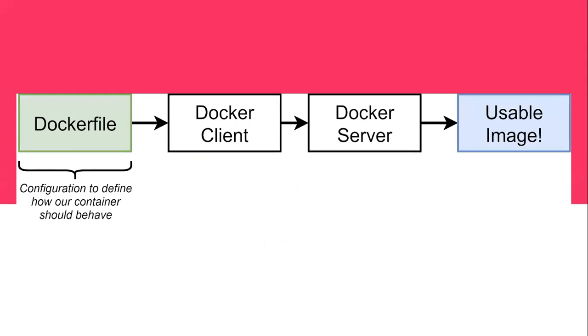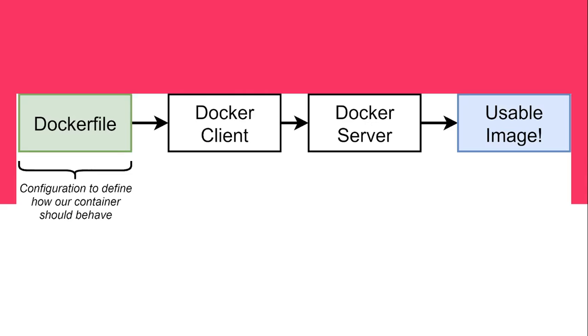So what is a Dockerfile and what does it do? We write a Dockerfile to define how our container should behave. The Dockerfile at the end is used to create a container. Using a Dockerfile, we build an image, and when we run the image, a container gets created, right? So the Dockerfile is the foremost important.